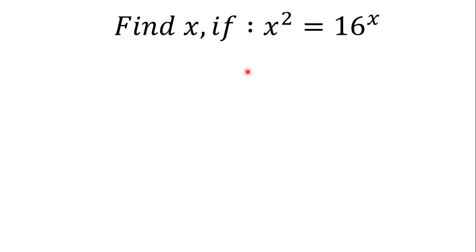We all know the previous approaches that we used to solve this problem. We have solved it before. The first approach was the indices approach, whereby we equated the whole of this equation to 0 by bringing this one to this side, and then we used the indices approach to solve it.